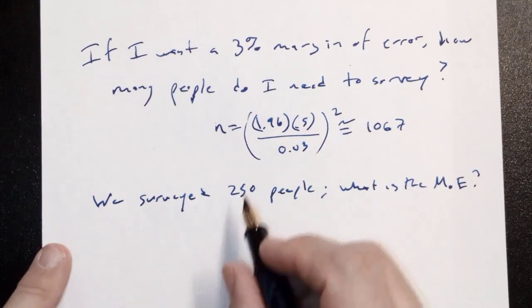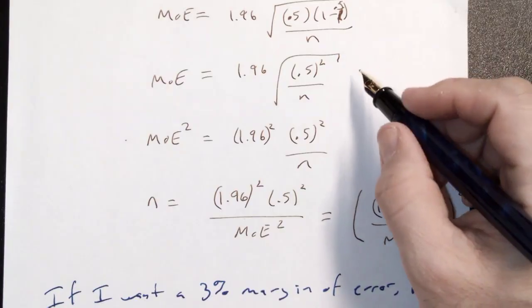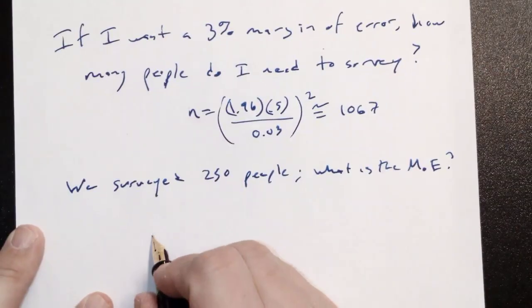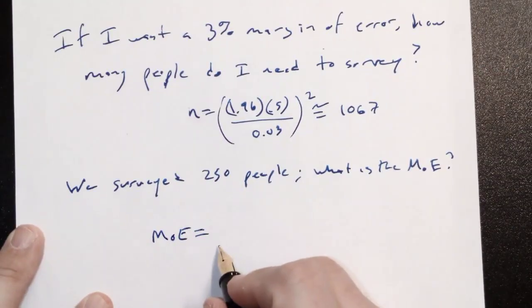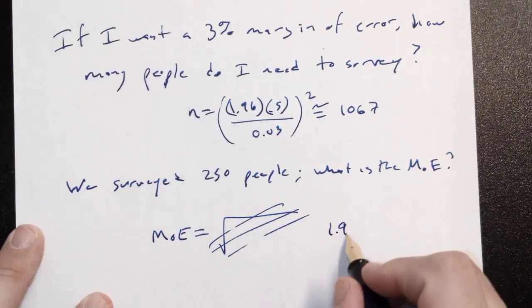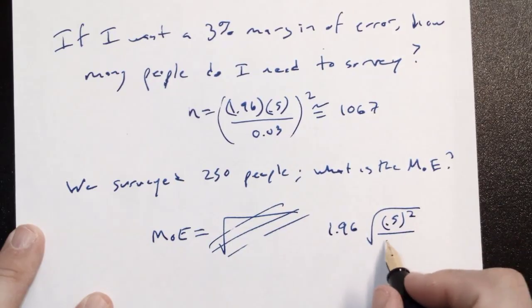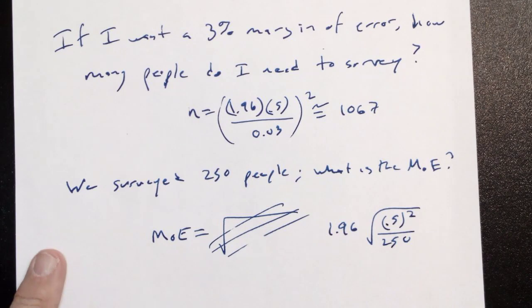Aha. So in this case, I know n. I'm going to use this version of the formula right here. Margin of error is the square root. Sorry, it's 1.96 on the outside of the square root. 0.5 squared over n, 250.